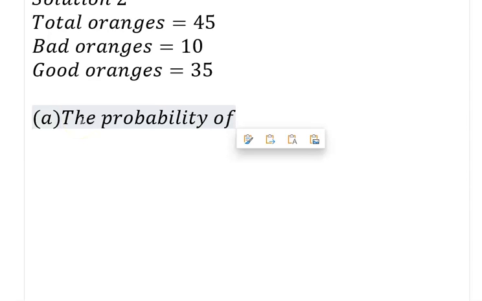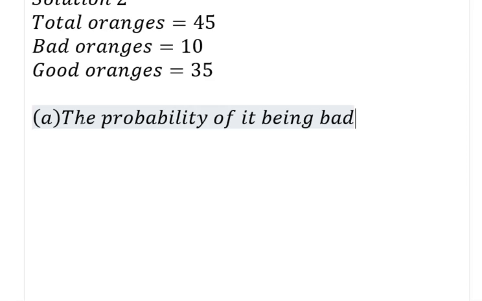So the probability of it being bad equals bad oranges over total number of oranges.